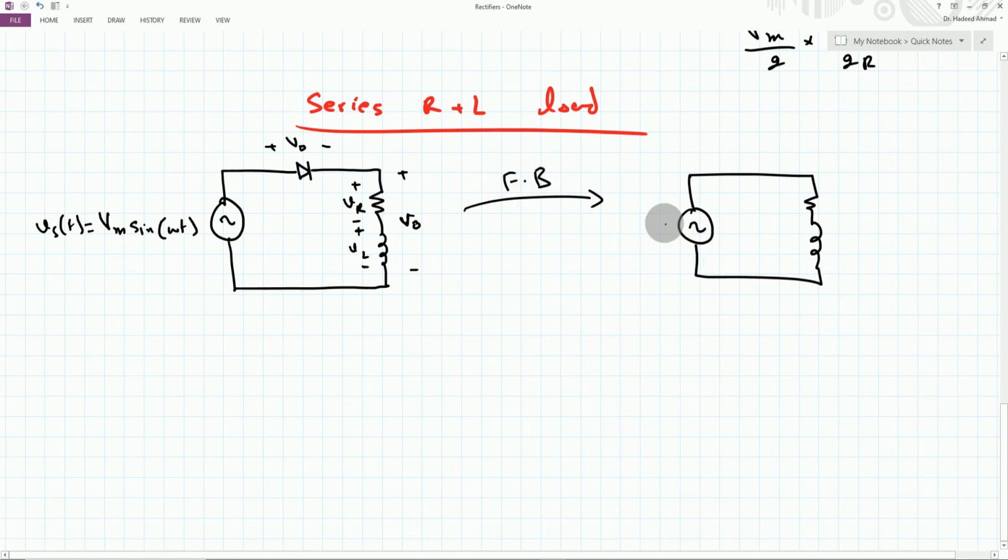Now this circuit is a well-known circuit that is well studied in the earlier course on circuit analysis, and this represents a first order load which is energized by a sinusoidal source.